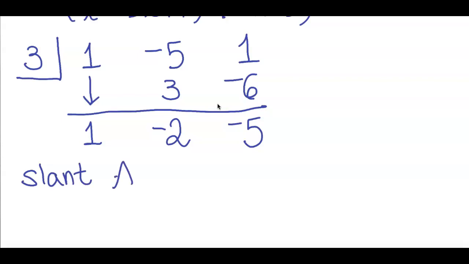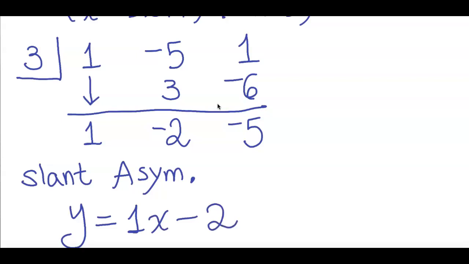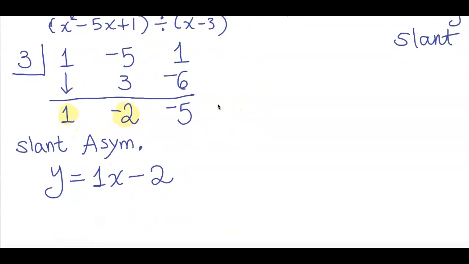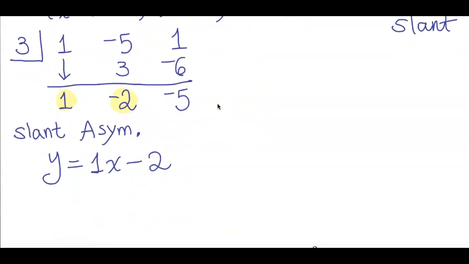Slant asymptote is at y equals 1x minus 2. And if you're wondering where I got that from, we just need to read the quotient: 1x minus 2. So we're going to go ahead and graph that, okay? So, a review of graphing a linear function.